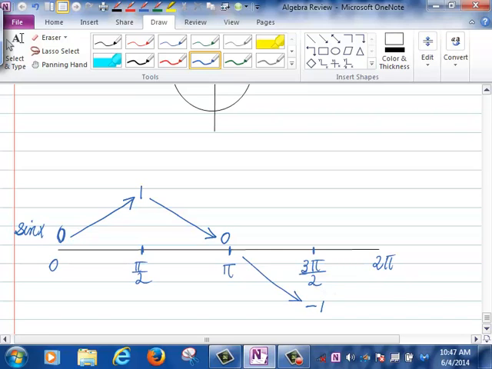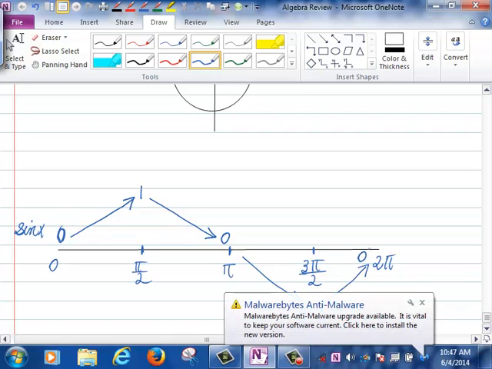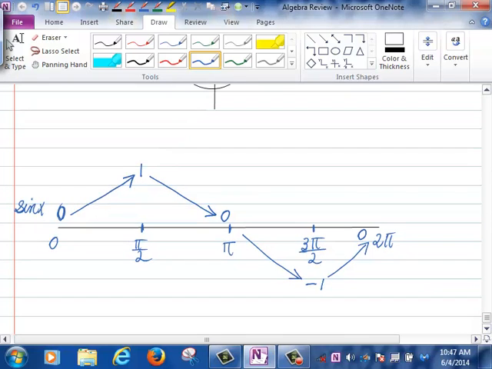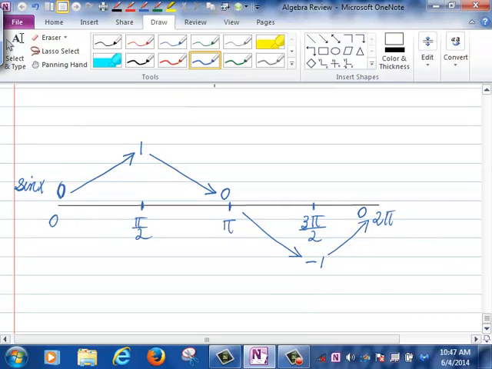And then between 3 pi over 2 and 2 pi, it goes back up to 0. Everybody's okay? So that's the behavior of the sine function. I'm going to use that to draw the graph of the sine function. Are you done writing this down?